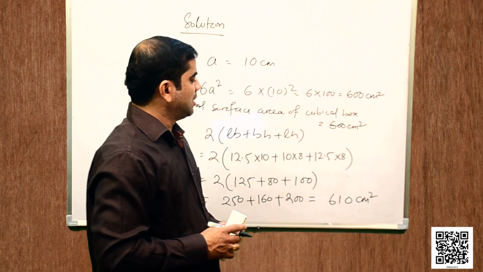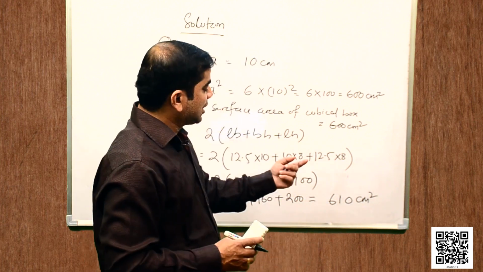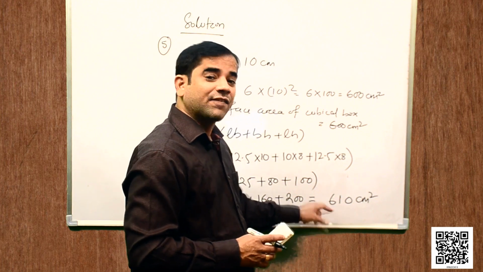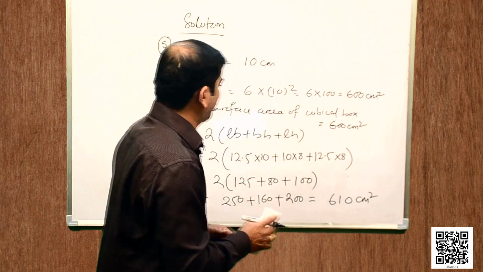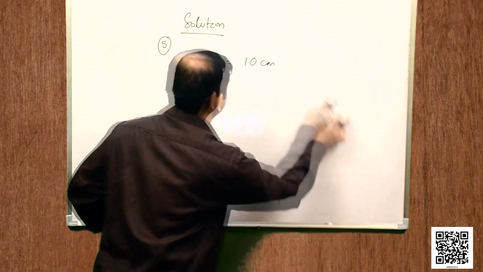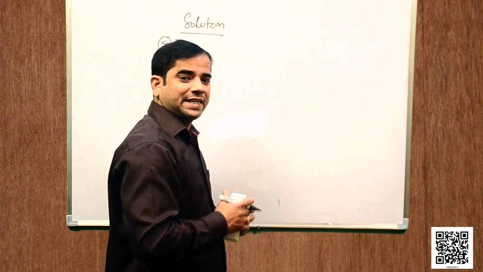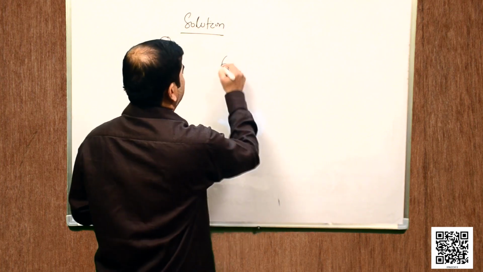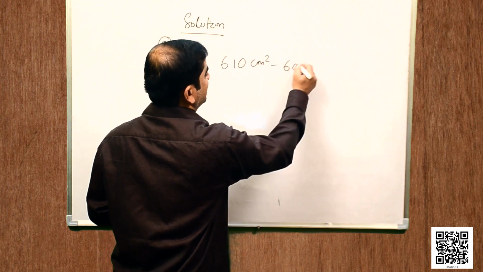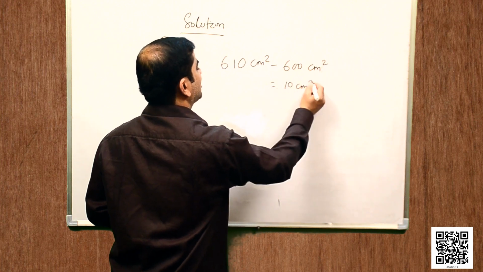So the total surface area of the cuboidal box as per the given data is 610 centimeter square. It is clearly visible that the cuboidal box has the greater total surface area. So what is the difference? Students, the difference between the two total surface areas is 610 centimeter square minus 600 centimeter square, that is 10 centimeter square.